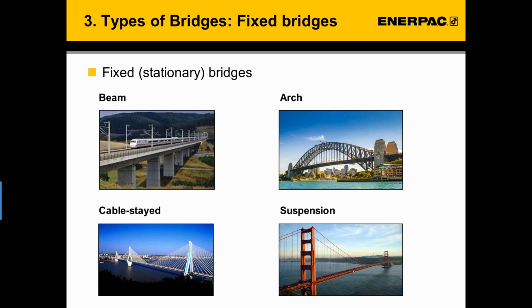The arch bridge design tops that with a maximum span of 1,800 feet or 550 meters. The cable-stayed bridge design will span 3,600 feet or 1,100 meters without support. And the suspension bridge is the champion, with possibilities to span an amazing gap of 6,500 feet or 1,900 meters.